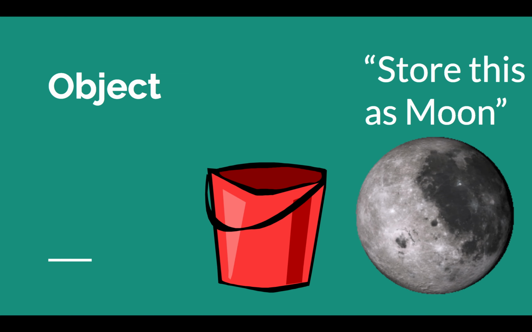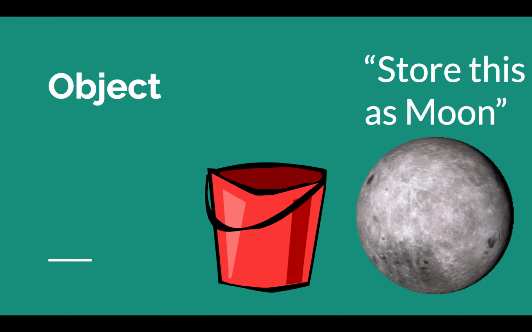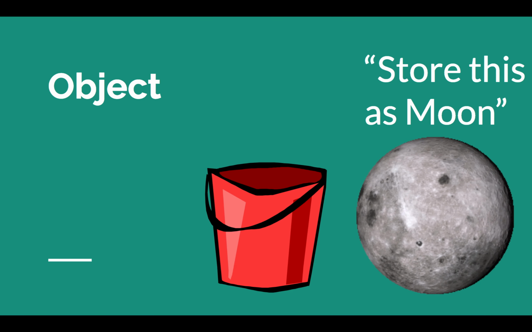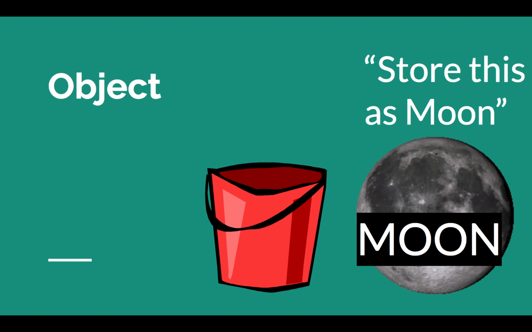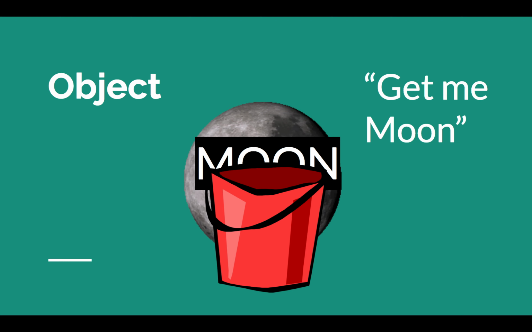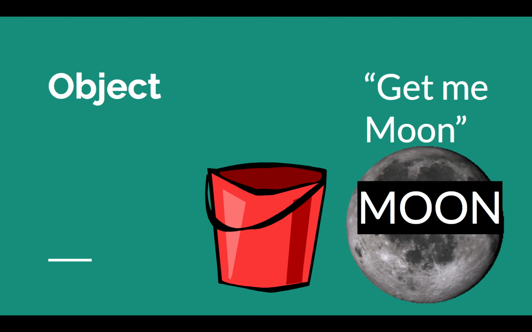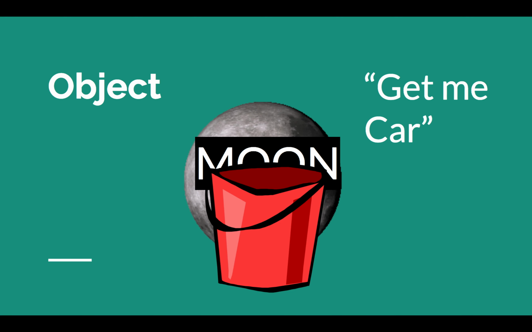So let's take our bucket, and let's say that we want to store this as moon. What actually happens is we slap a big label on it called moon, and then we throw it in the bucket. Which means that if anyone later says, get me moon, well, we look in the bucket for anything with the label moon, and we get it out.